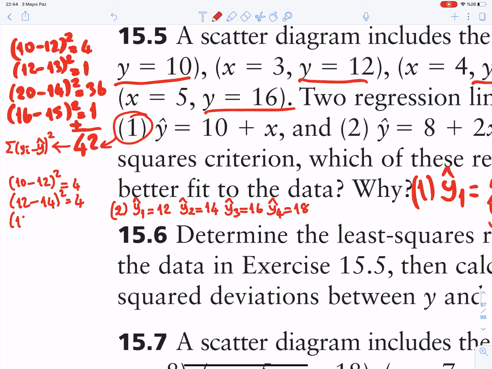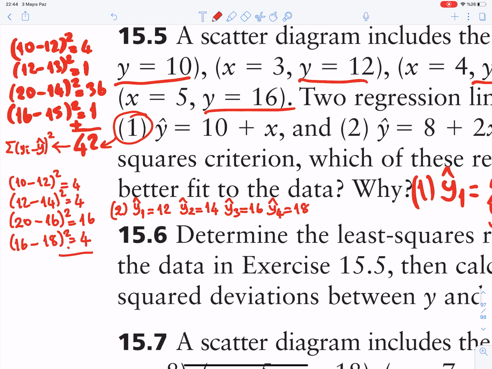The next one is 20 minus 16 squared, which is 16, and the next value is 16 minus 18 squared, which is 4.